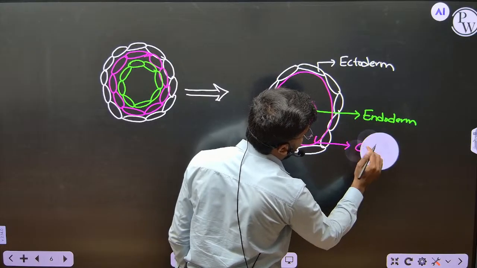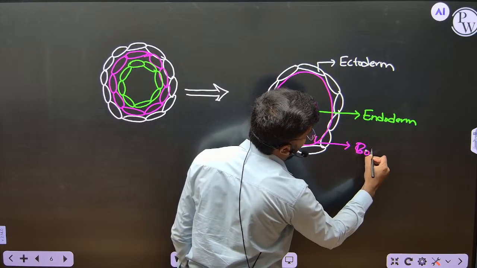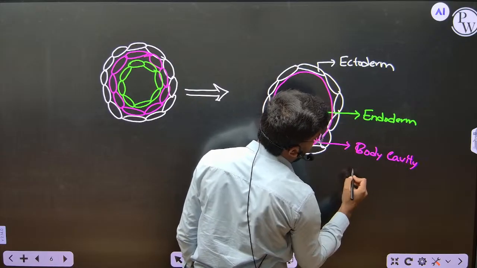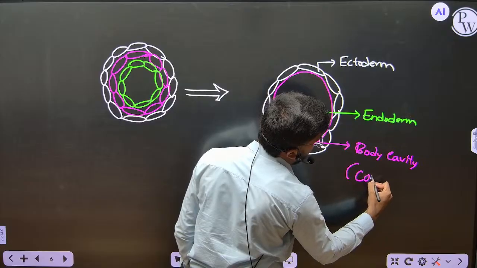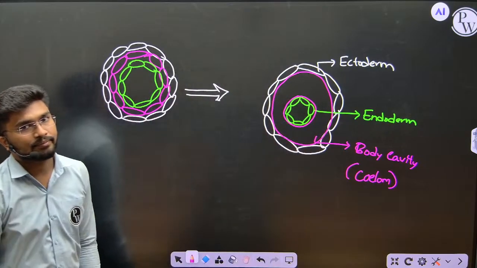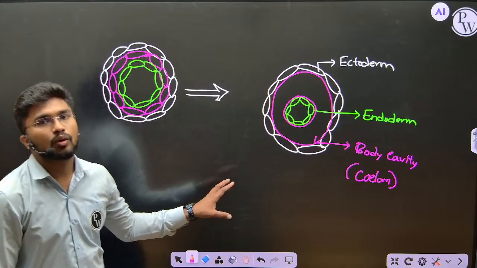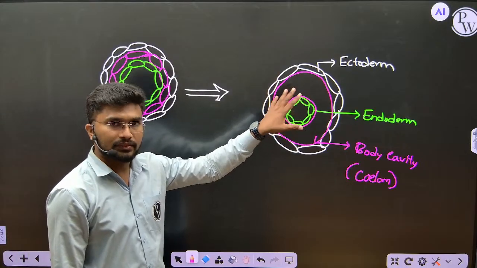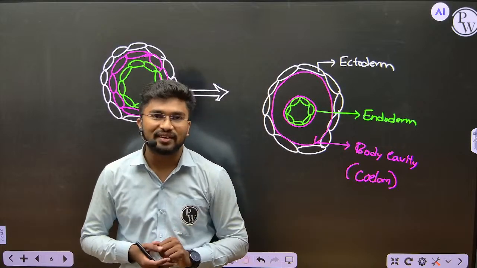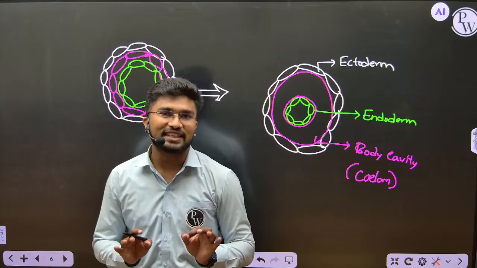This body cavity, whatever you are seeing, we are calling it coelom. Pronunciation is coelom. So animals which have the body cavity are called coelomates. Animals which don't have the body cavity are called acoelomates.